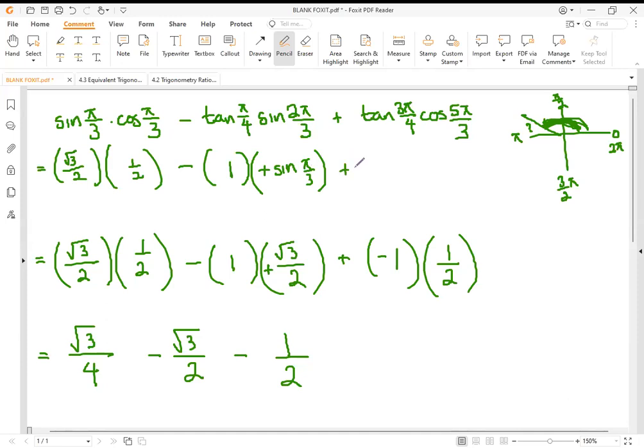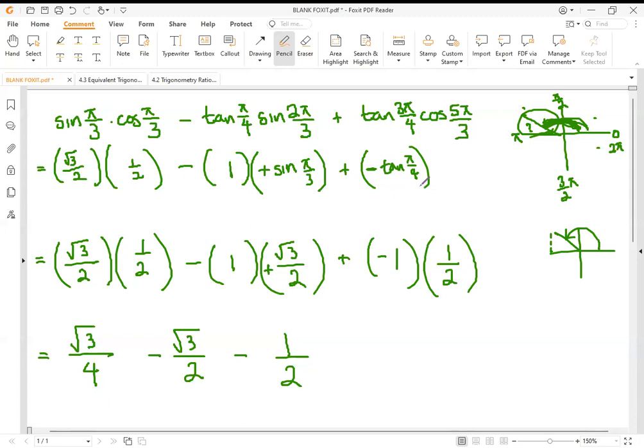Same thing, tangent. Tangent 3 over 4 pi. Is 3 over 4 larger than 1 or smaller than 1? Smaller. I know it's in quadrant 2, CAST, that's going to be a negative value. Tangent of 3 pi over 4 is the same triangle as pi over 4.